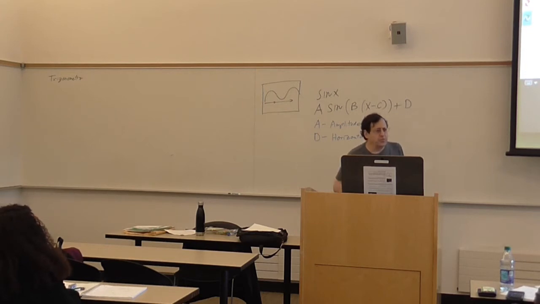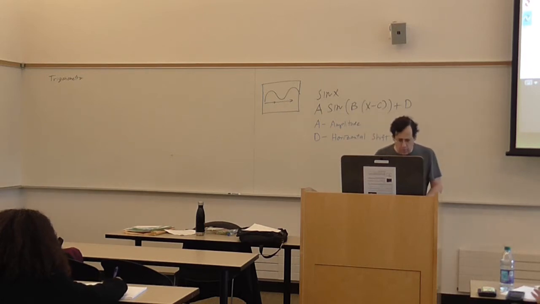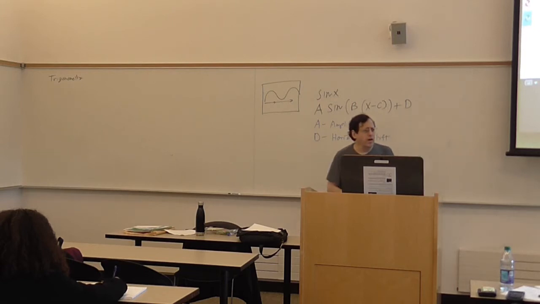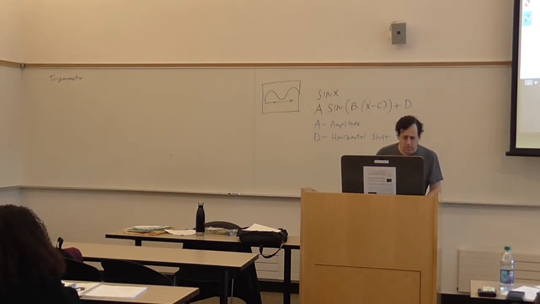To the right. Just like we learned for a general function, right? It's counterintuitive. If you subtract a value, it moves to the right. If I add a value, it's going to move to the left. That's clear enough.